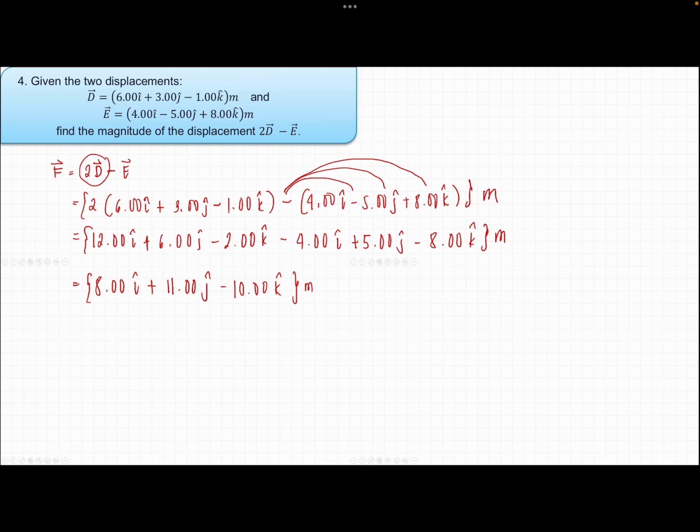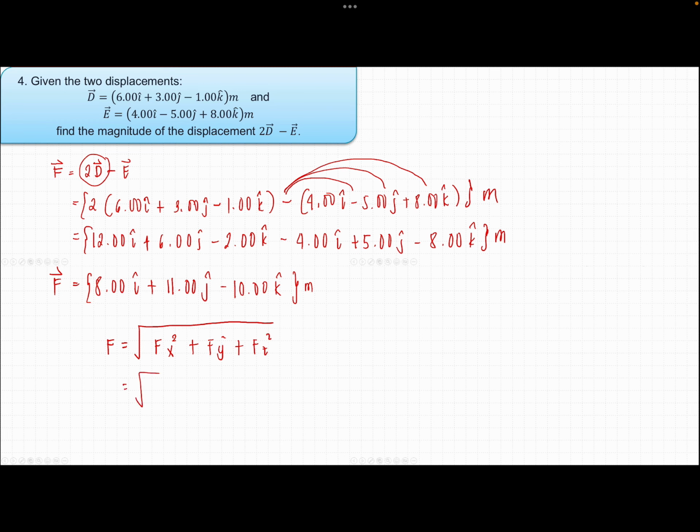So to find now the magnitude of the resultant vector F, ang gagawin lang is to take the square root of the sum of the squares of each of the components. So the magnitude of vector F is equal to the square root of fx squared plus fy squared plus fz squared.